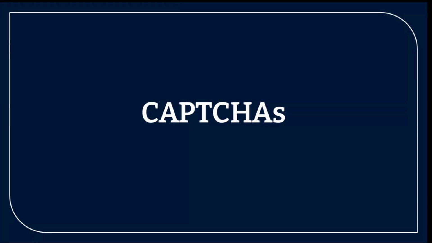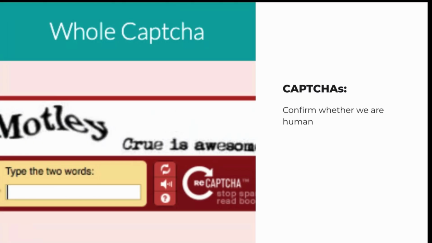CAPTCHA is a challenge that we use on a website to determine if our users are bots. But they are really hard for people with assistive technology or disabilities to navigate. I think the W3C says that asking people to read distorted text is really hard.